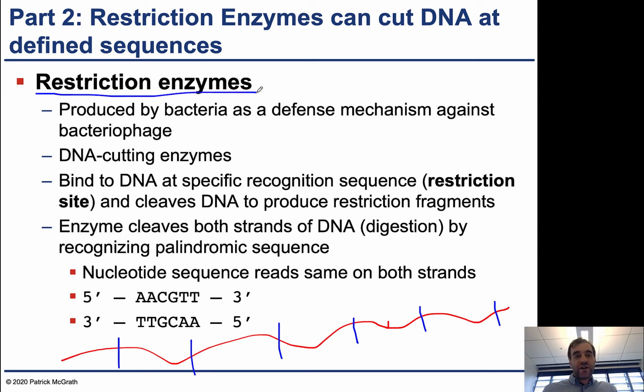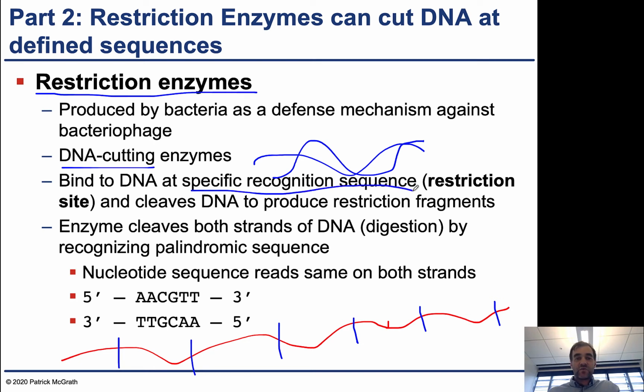So restriction enzymes were identified in bacteria as a defense mechanism against bacteriophages. These are enzymes that cut DNA. So if you put double-stranded DNA in a tube and then added one of these enzymes, they would be able to cut the DNA into pieces, but only at specific sites, which are called recognition sequences.